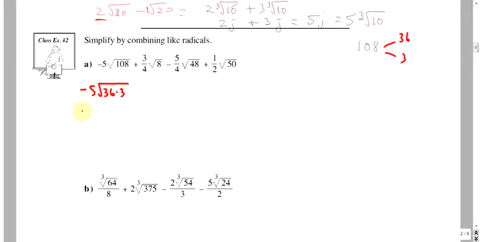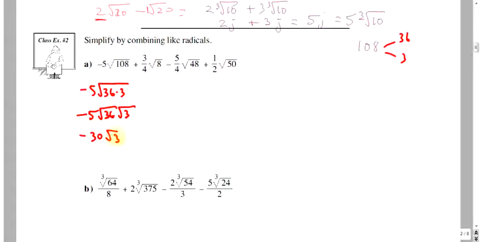So what is this? That's root 36 times root 3. And what's root 36? 6. 6 times negative 5 is negative 30 root 3. I think the first one's done.